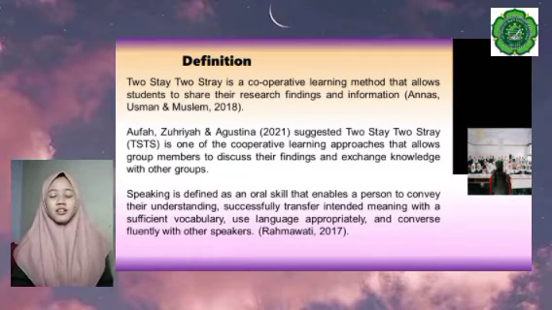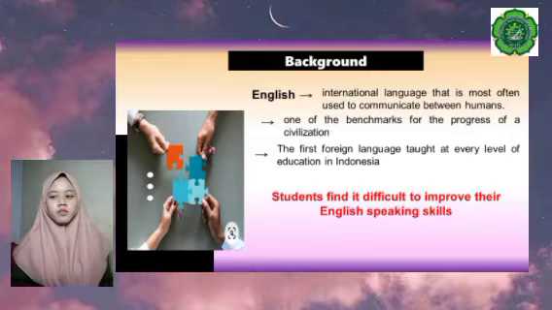Speaking is a complicated cognitive talent, in which speakers create not only sounds but also a set of meaningful words and body language that listeners can understand directly. In speaking, students should be able to master a variety of speaking skills, including grammar, pronunciation, vocabulary, fluency, and comprehension.